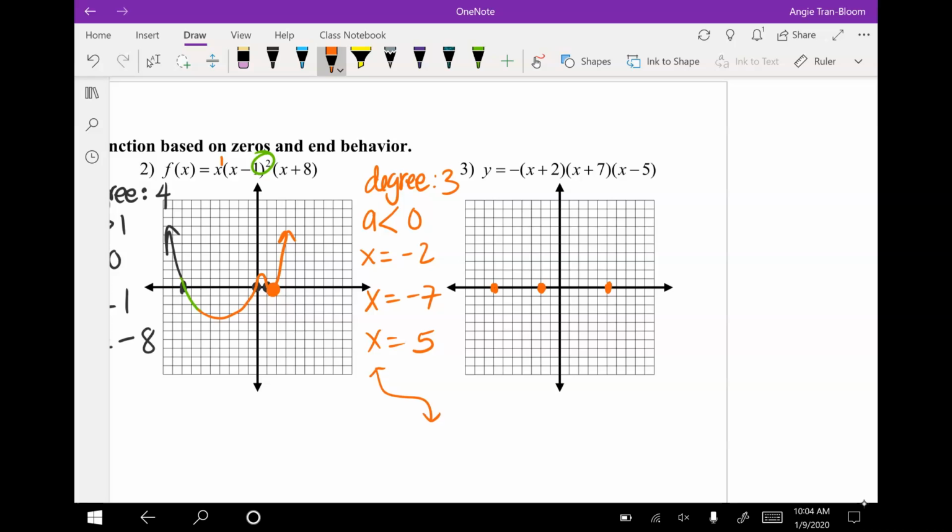So if we know what it looks like, we can start with the end behavior right away. Now, look at each root. Does each root have any even multiples? No, that means it will cross through each and every one of those. So I'm going to run through, and run through.